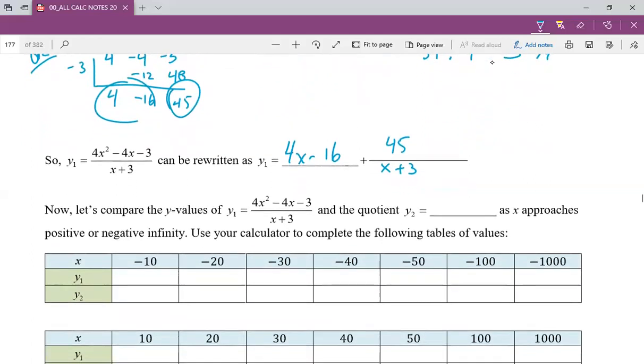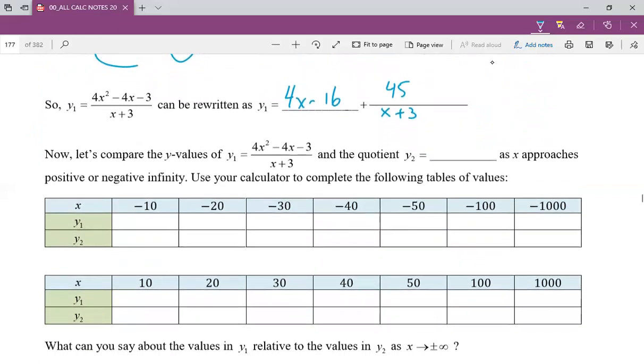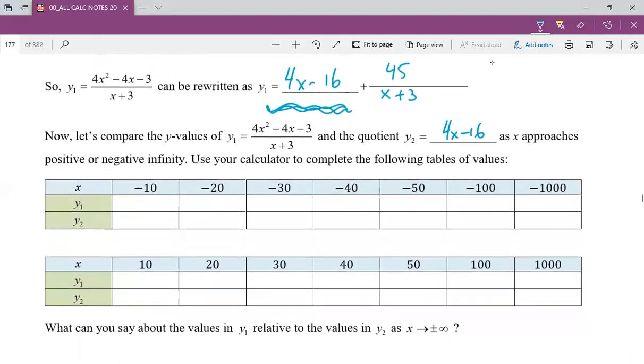Now, we're comparing the values of y equals 4x squared minus 4x minus 3 over x plus 3 to just that polynomial part, 4x minus 16, this second function that we're going to call y2, as x approaches positive or negative infinity. Let's see what we get when we calculate these.